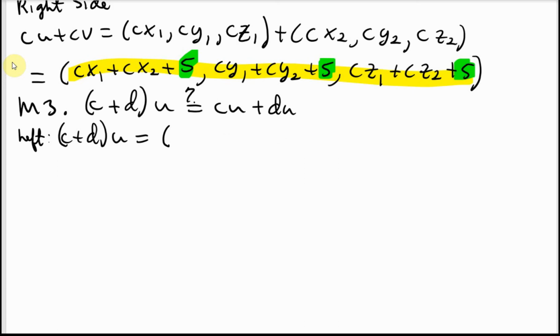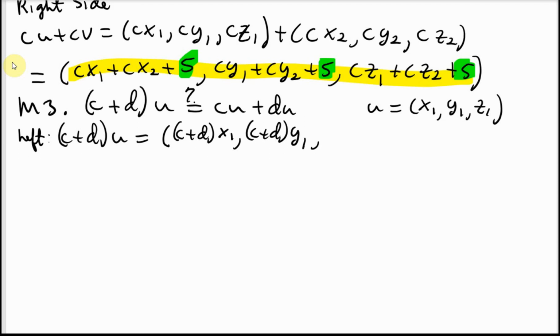Okay, so the u looks like, so I don't forget, x sub 1, y sub 1, z sub 1. So this is c plus d times x sub 1, comma, c plus d times y sub 1, comma, c plus d times z sub 1.